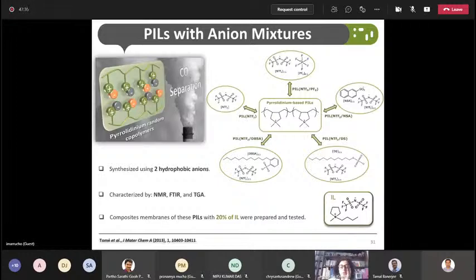So we can say that here we have copolymers, because we have one polymer with the NTf2 and the other polymer with the other functional anion. And here we dope them with 20% of ionic liquid, because from the previous results, it showed that 20% was the best amount of ionic liquid to have inside of the membrane, at least for mechanical properties.